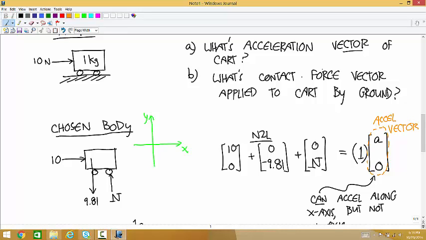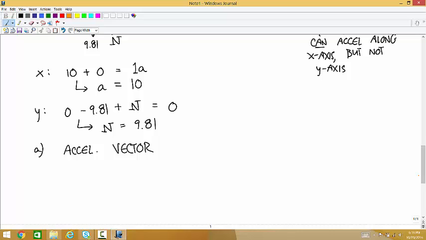The only problem was that when we put it into Newton's second law, it wasn't complete because we didn't know what that A value is. Now we've figured out what that is, so we just have to plug it back in here. So the acceleration vector, A, is equal to A, 0, which is equal to, A is equal to 10, so this is 10, 0. And what are the units of acceleration?